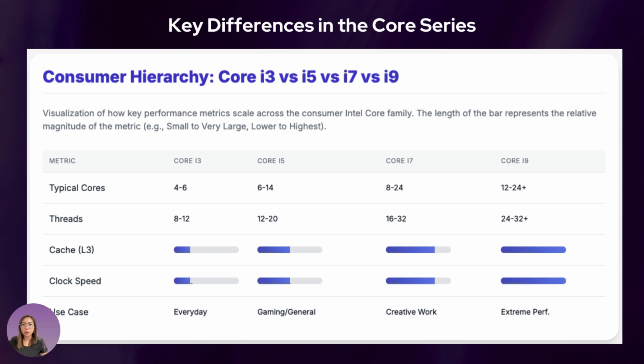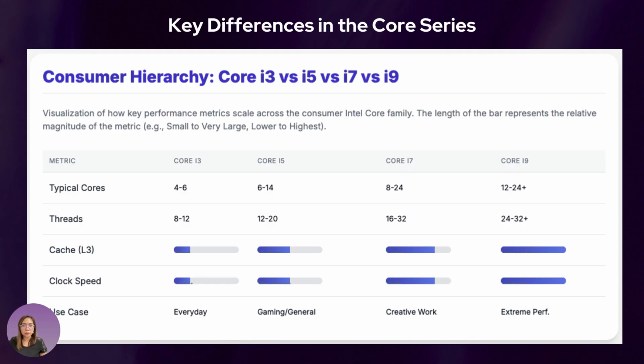So when comparing these Core processors, we look at four main metrics. First is the cores, second is the threads, third is the cache, and fourth is the clock speed. So as you move from i3 to i9, you can see a consistent increase across the board.